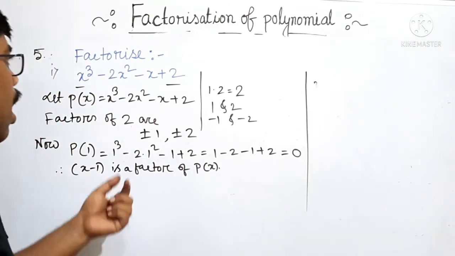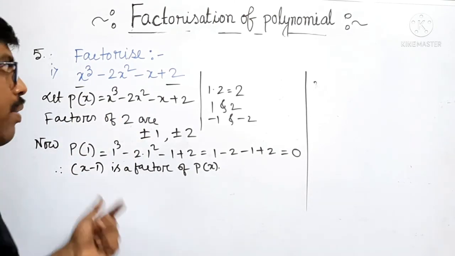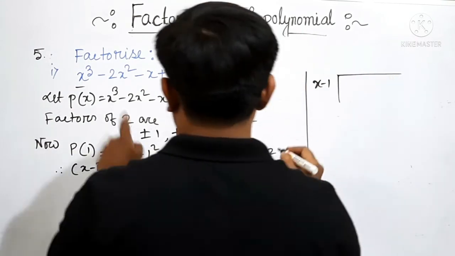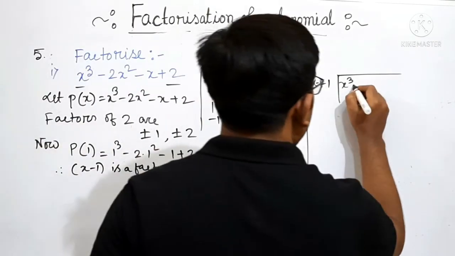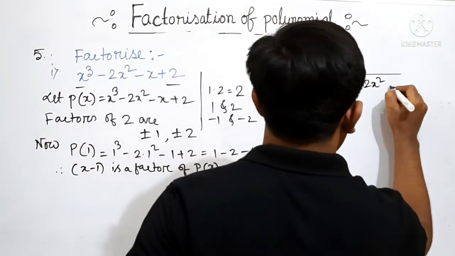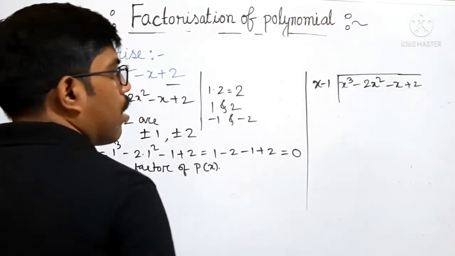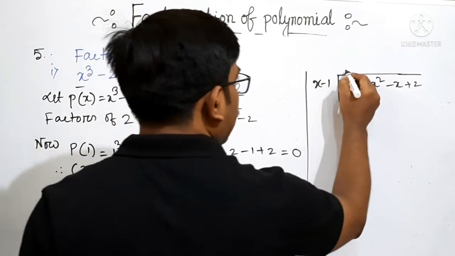Okay, then I will divide the polynomial P(x) by the factor x minus 1. So we divide x cube minus 2x square minus x plus 2 by x minus 1. At first we have to multiply x with x square to get x cube.